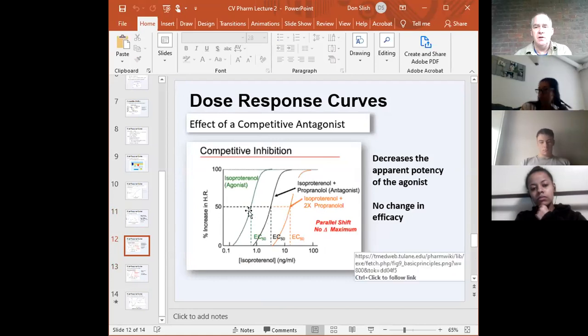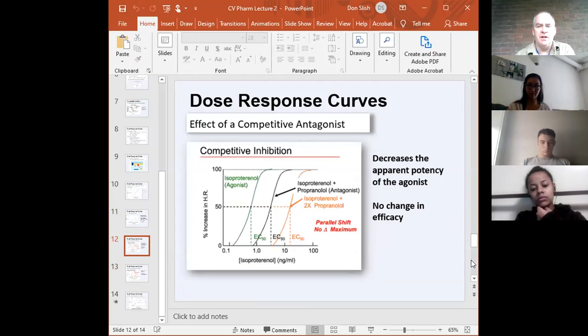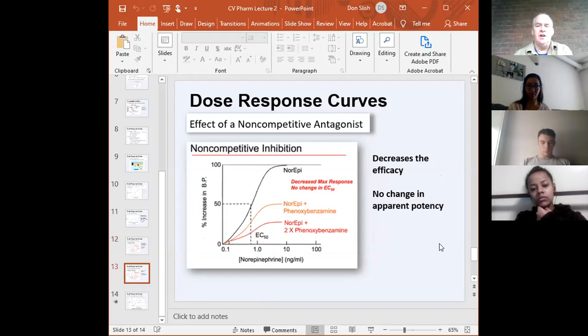If it does this, and most drugs will, you're decreasing the apparent potency, it's a competitive antagonist. If it does this, and it decreases the efficacy, then it is a non-competitive or irreversible antagonist. Okay, questions about that?